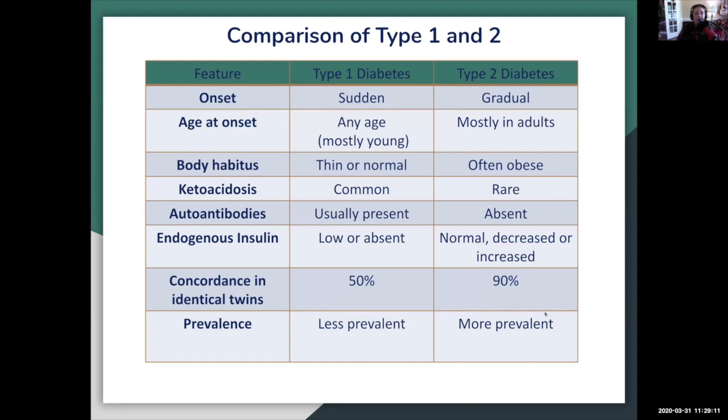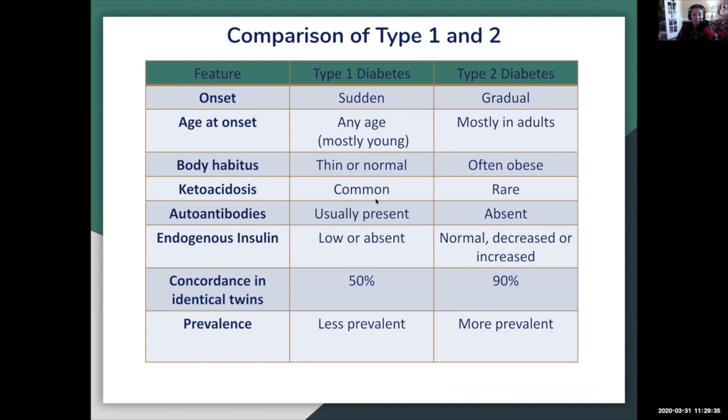All right, so let's compare, just to kind of drive this point home. How do you compare type 1 and type 2? So type 1 tends to be quick onset, this explosion of diabetic ketoacidosis, okay? Can happen any age. It's more frequent in the young folks. Patients tend to look either thin or have a normal body shape.